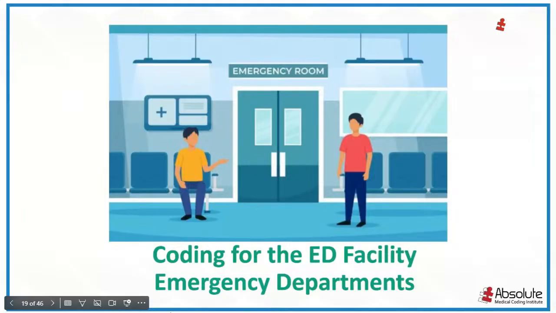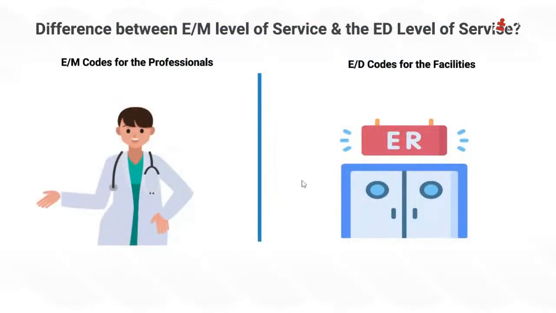Okay. All right. So, coding for the ED facility, emergency departments. Coders, we are coding for that facility. You all are familiar with the E&M coding, right? E&M codes are for the professional.